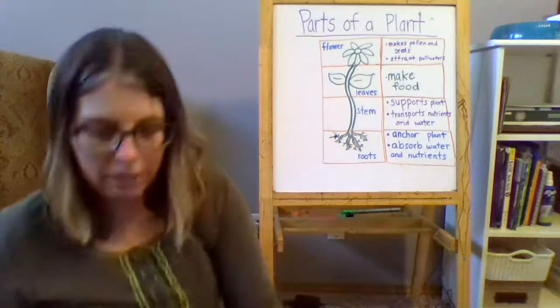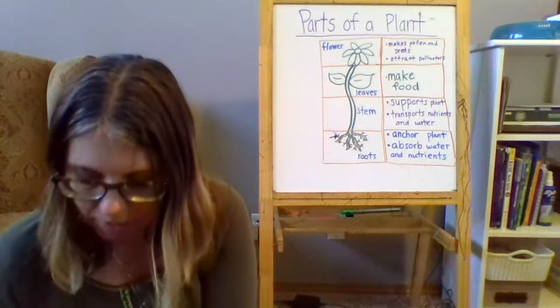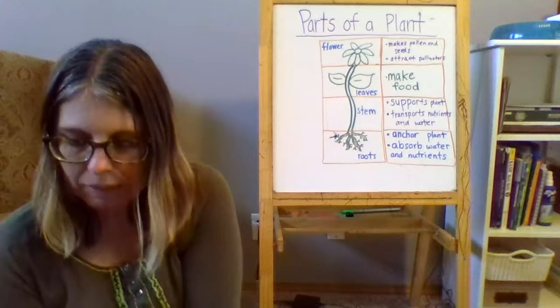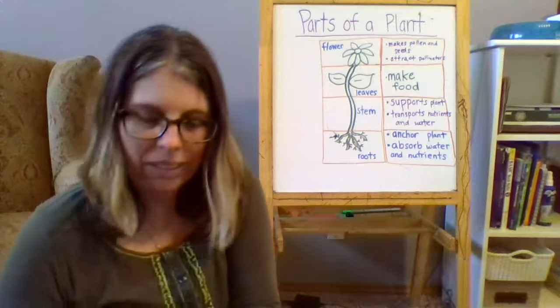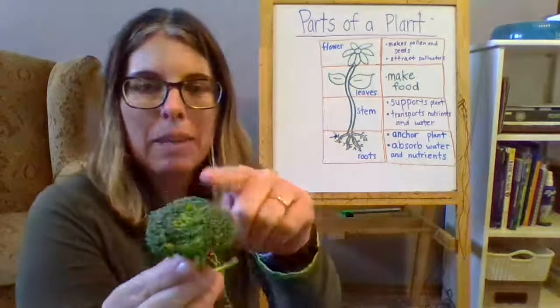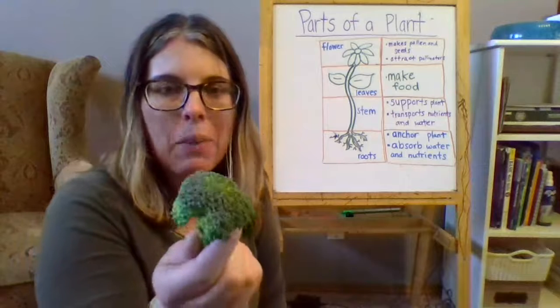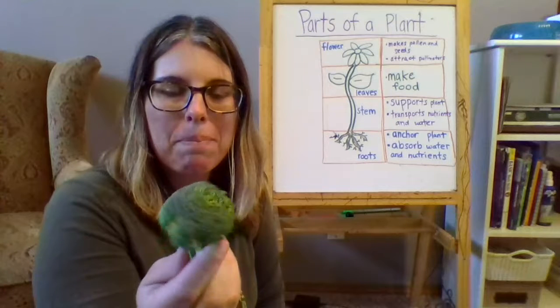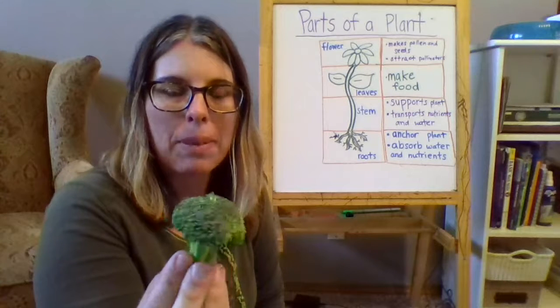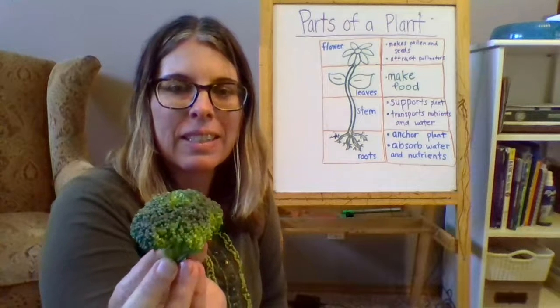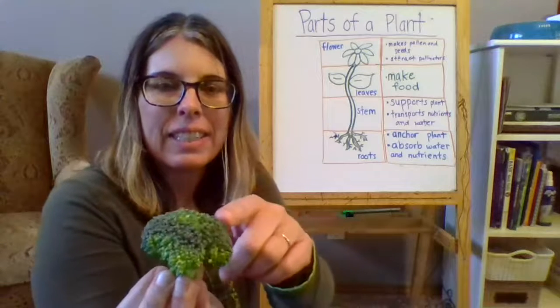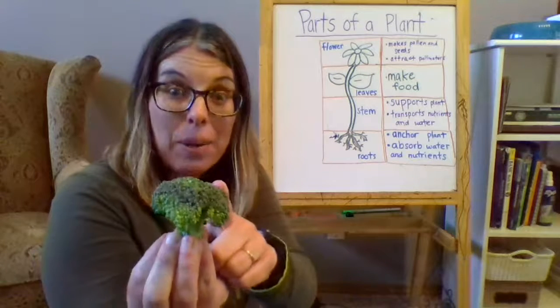How about broccoli? I'm going to just break off one piece of my broccoli here to show you up close. What part is this up here? Do you know? It doesn't look like what we typically picture when we say this part of the plant. Yeah, this is the flower of a broccoli plant.